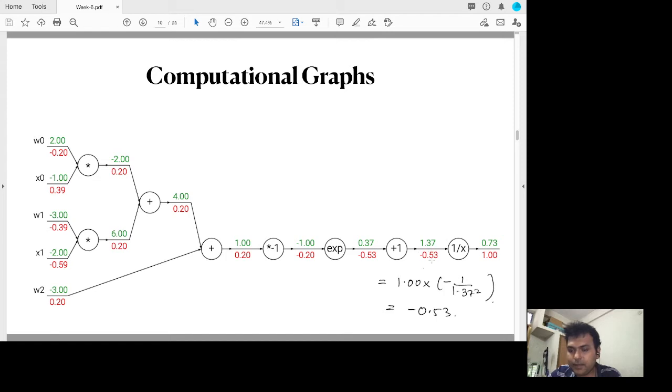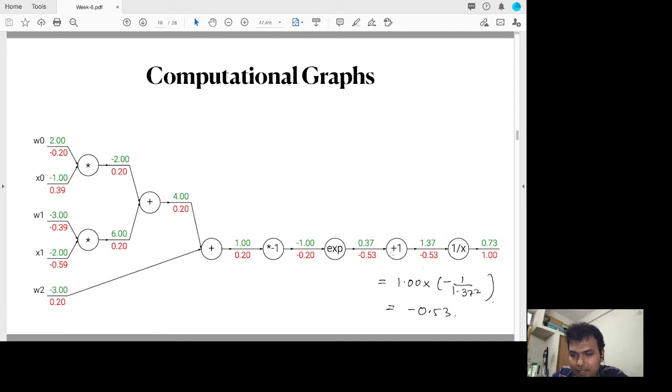Now if you get minus 0.53 here, can somebody say why this should be minus 0.53 again? I am just doing a plus 1 here. I have not gone up to e to the power x.